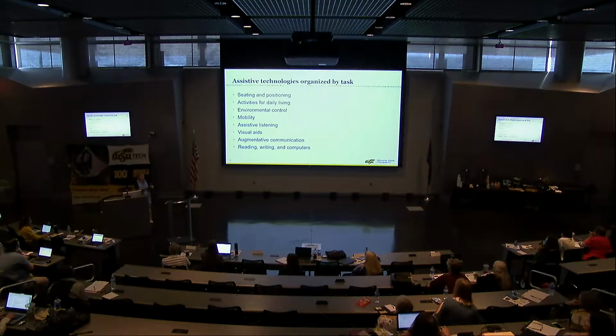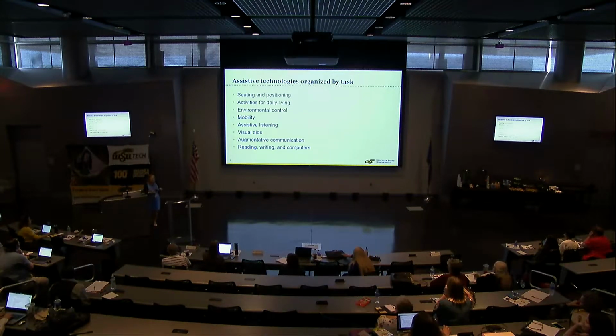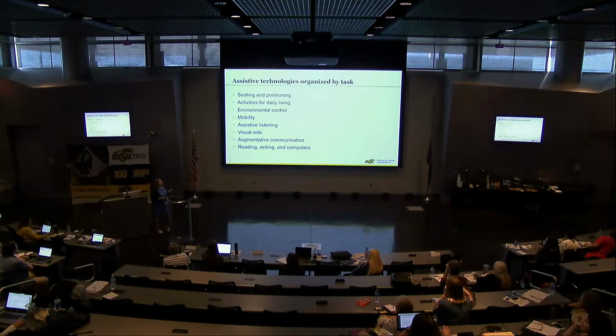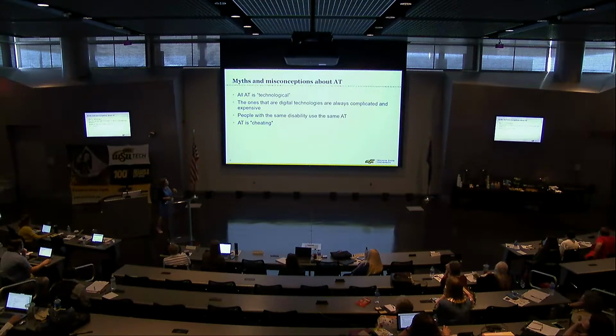Maybe you have an array of pictures and you point to pictures on a board, and you might have a thing that speaks out that word. There are lots of different kinds of ways to augment communication. And then lots of things to assist with reading, writing, and computers. And for the most part, for AT in an educational environment, that's where we're talking about. AT and those things. Visual aids, some too, and some of the others.